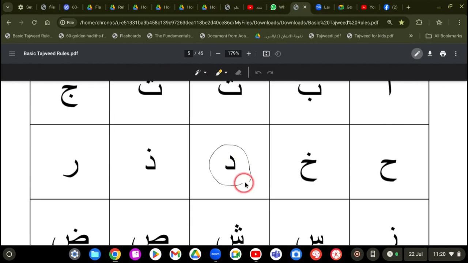This one. Ral, what is this? You read ral and dal.